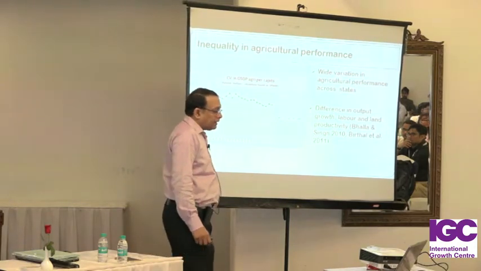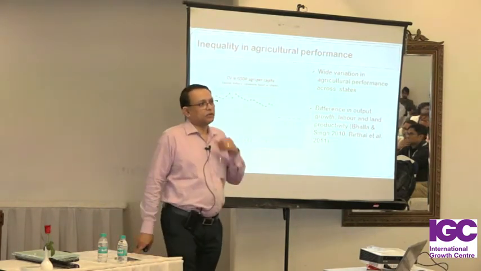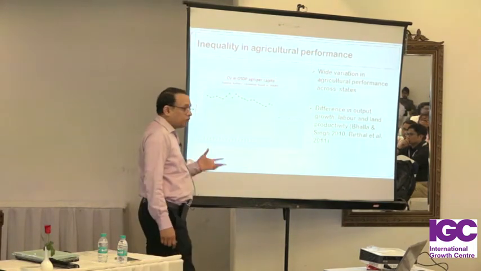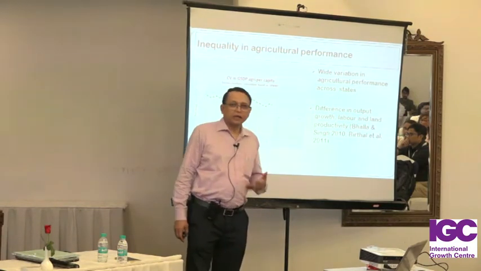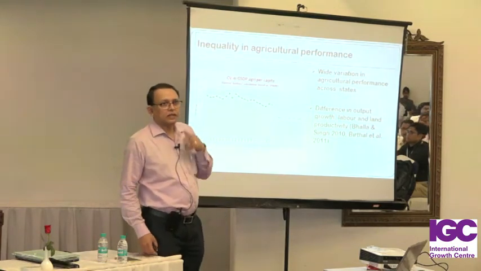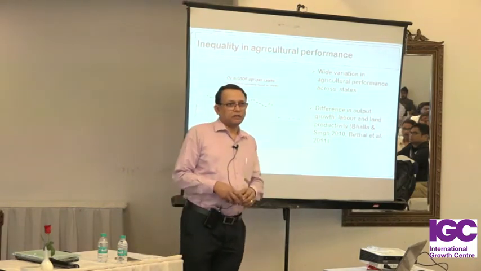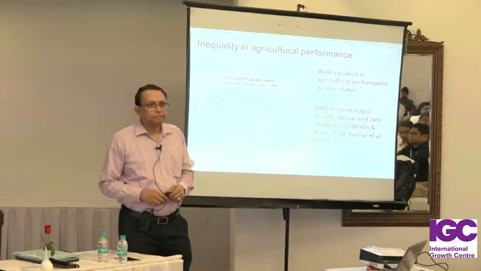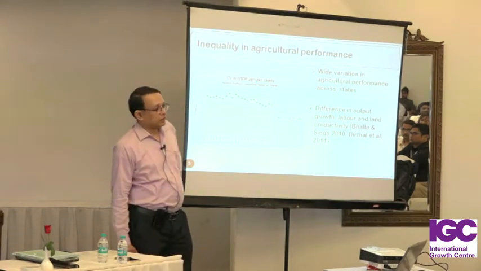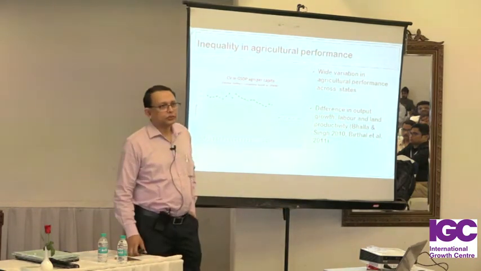Okay, and this is not confined only to GSDP per capita. You can consider several metrics of agricultural performance, such as output growth, labor and land productivity, whatever you look at. Land productivity is nothing but yields. Name the metric and you will find substantial variation across states, regardless of what metric you use.